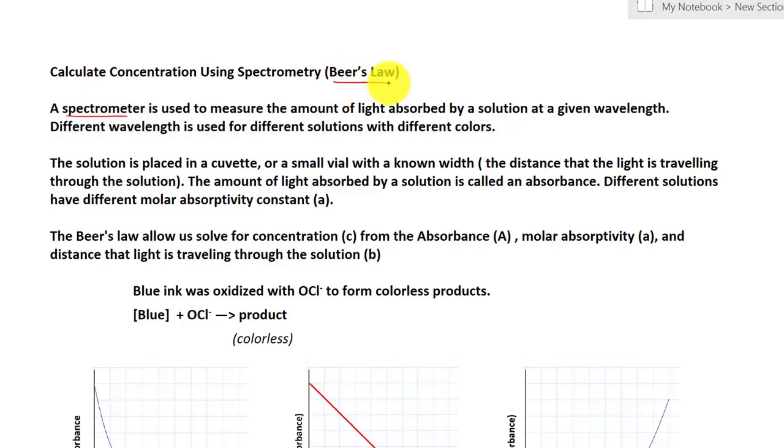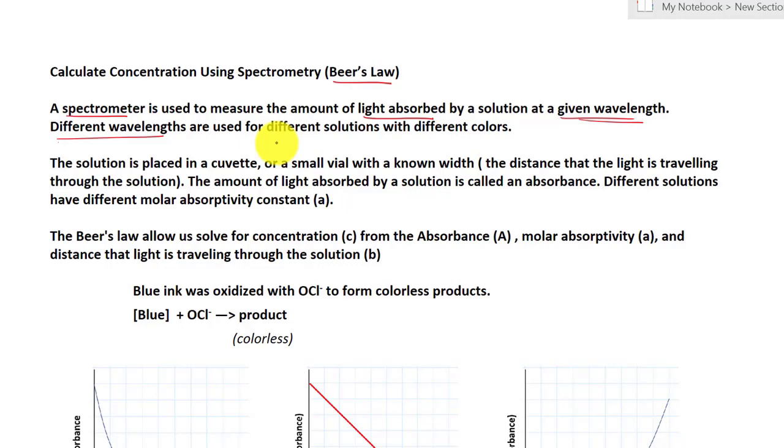First of all, a spectrometer is used to measure the amount of light absorbed by a solution. This light is absorbed at a specific wavelength, and different wavelengths are used for different solutions with different colors, because different colors absorb different wavelengths of light.